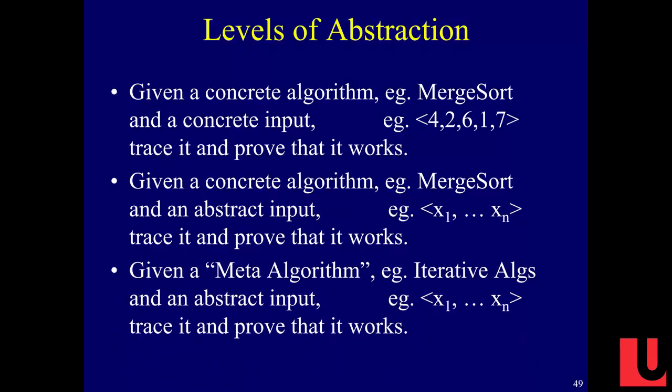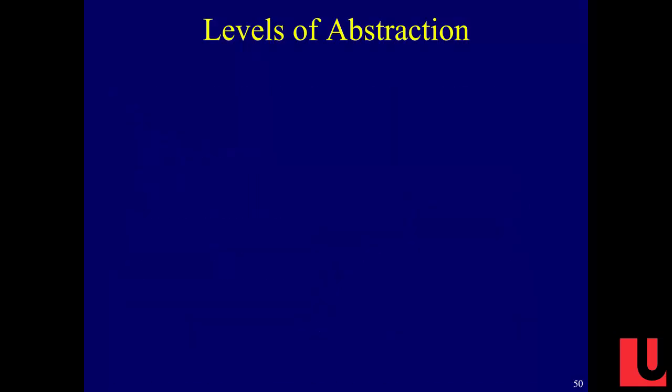Or we can talk about sort of meta-algorithms. We know we can talk about iterative algorithms as a whole, or recursive algorithms as a whole, and we can try to prove that on this arbitrary algorithm and on an arbitrary input somehow gives you the right answer, right? So that's more the level we're going to be working at here, right?